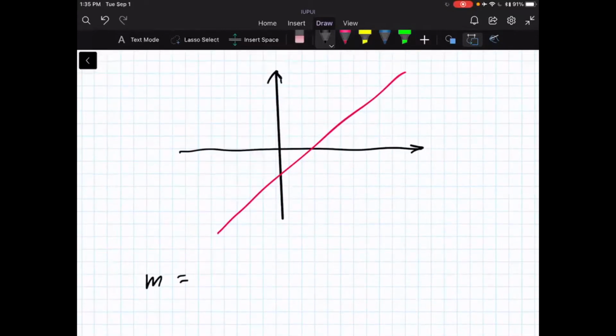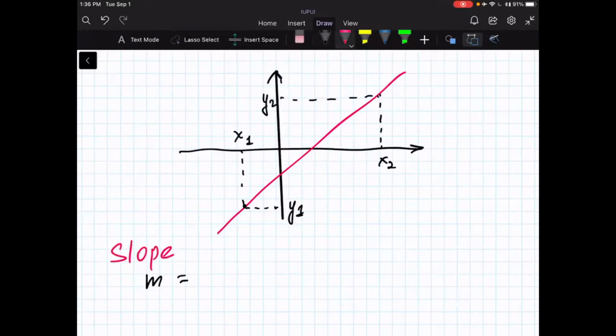And suppose you have 2 points with coordinates x1 and y1, and say another point with coordinates x2 and y2. Then the slope of this line can be calculated by the following formula: y2 minus y1 divided by x2 minus x1.